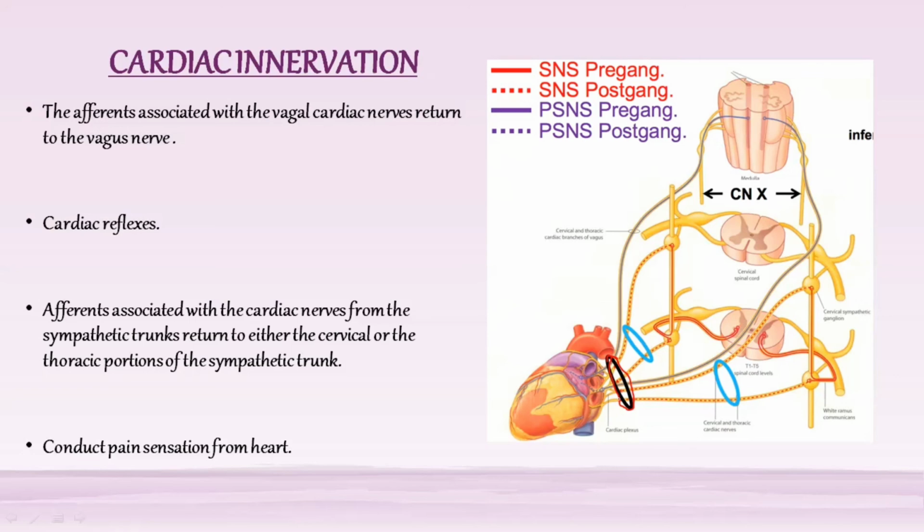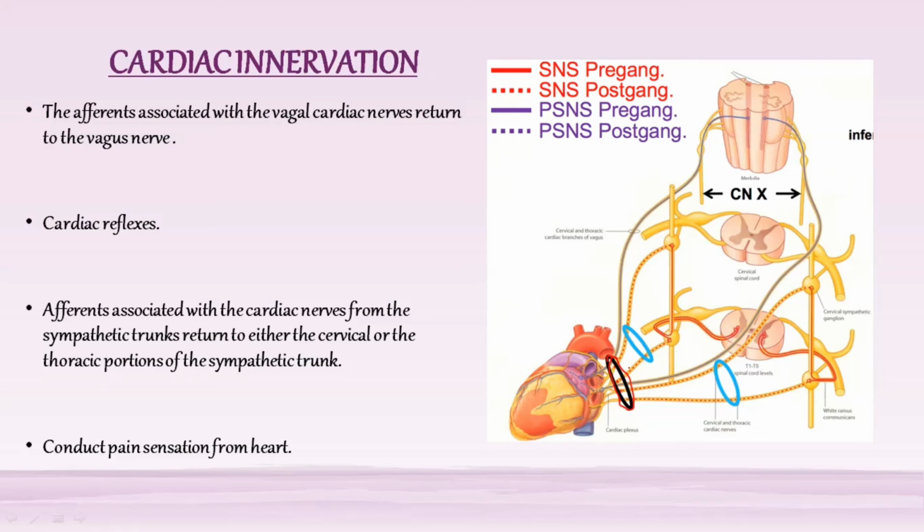The cardiac nerves which enter the vagus nerve are called vagal cardiac nerves, and those which pass to the sympathetic trunk are called cardiac nerves of the sympathetic trunk. Now the efferents associated with the vagal cardiac nerves return to the vagus nerve, and these fibers are mainly associated with the cardiac reflexes.